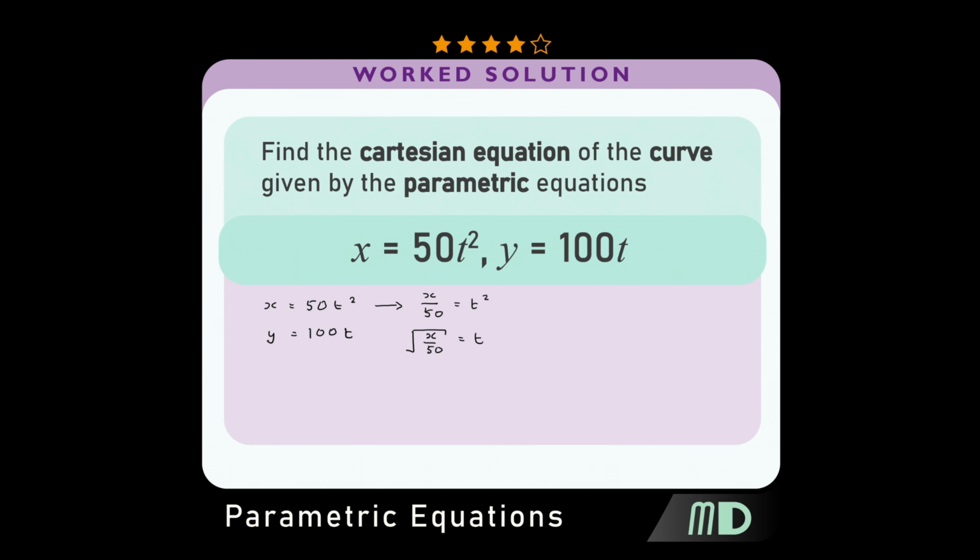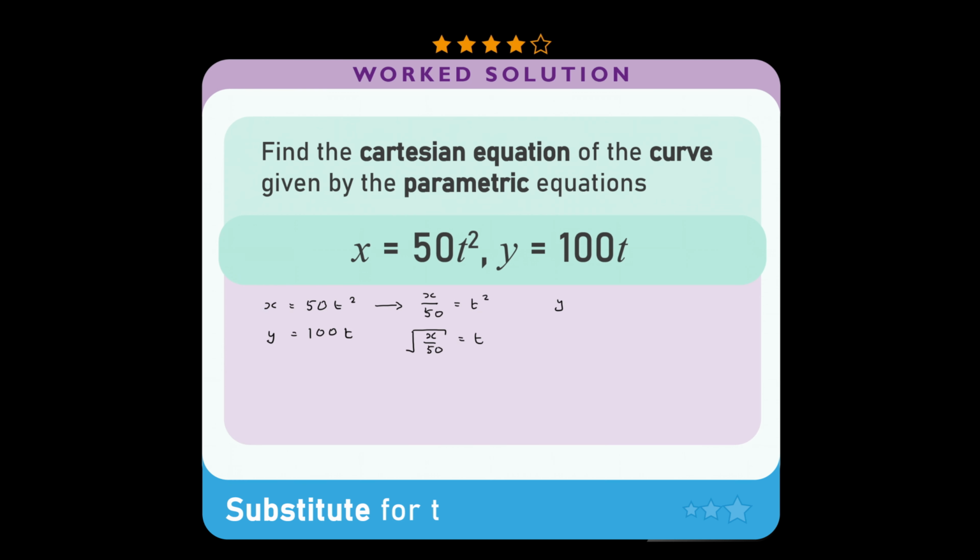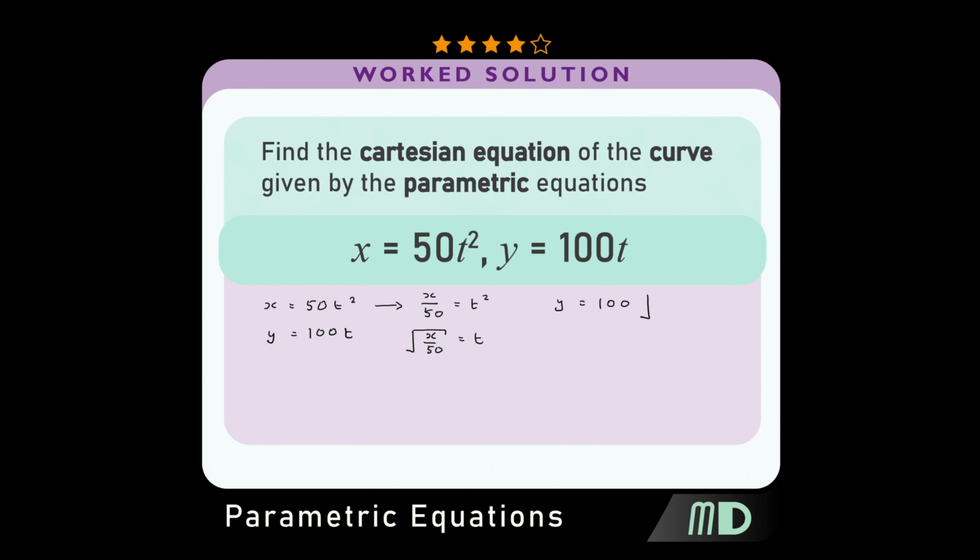We can substitute this expression for the variable t in the equation y equal to 100t, giving us y equal to 100 multiplied by the square root of x divided by 50.